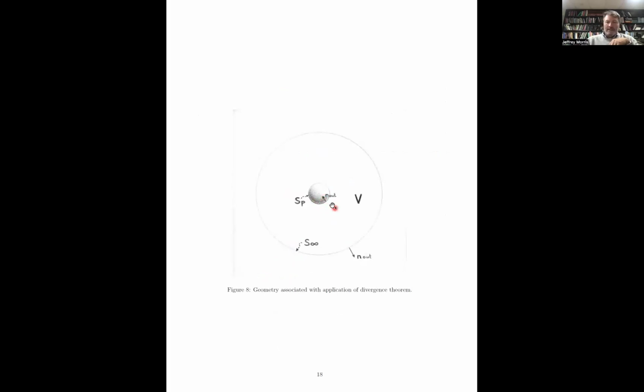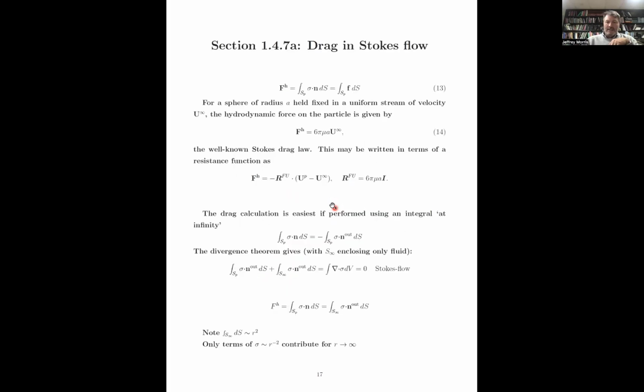So, a detail. But at any rate, since the divergence of the stress for Stokes flow is equal to 0, the volume integral goes away. And so I can write this hydrodynamic force either in terms of sigma dot n over the surface of the particle, or I can go off to infinity and write it as the integral of sigma dot n dS.